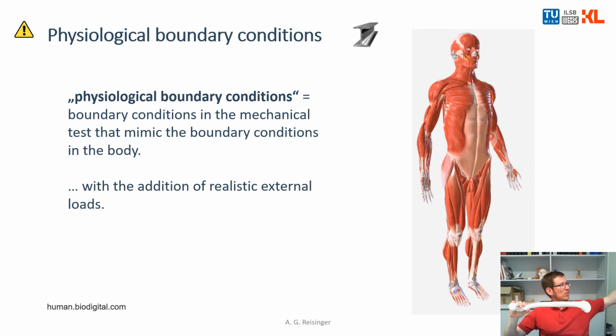And you have certain external loads coming from the car, so from the accident, on your bone. And these together create the physiological boundary conditions for this particular load case. But the point is, this is really complicated and actually impossible to do. So things have to be simplified as much as possible without losing the meaning, so the conclusion of your experiment. So this is physiological boundary conditions. Keep this in mind, please.